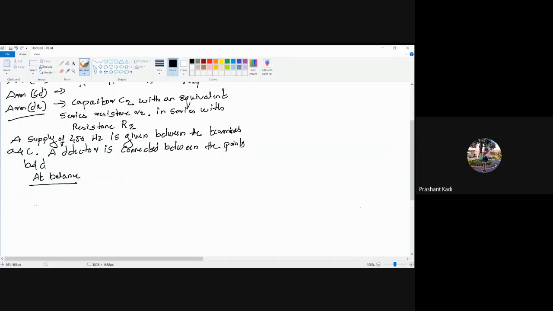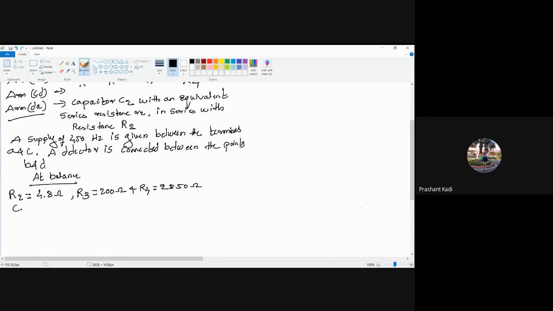So at balance, small r2 equals capital R2, remember, capital R2 equals 4.8 ohm, R3 equals 200 ohm, and R4 is 2850 ohm.